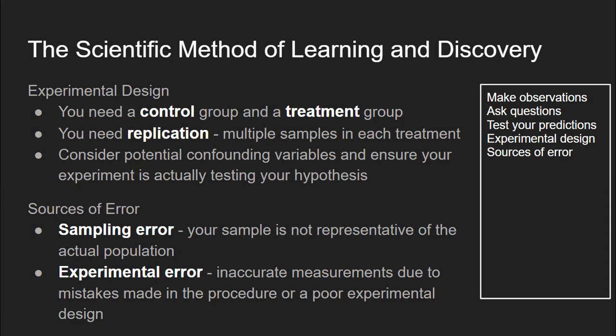Experimental error is the one you're going to more typically think of when you think of errors happening in an experiment. That's going to be things where you didn't measure correctly, say, a scale that wasn't calibrated correctly, so all your measurements were off, or somebody made a mistake and measured in inches instead of millimeters, or somebody was off on their rounding and they weren't rounding correctly when they took their measurements.